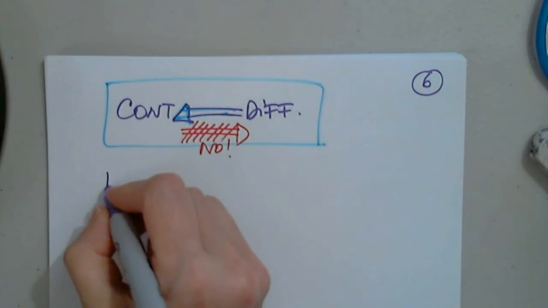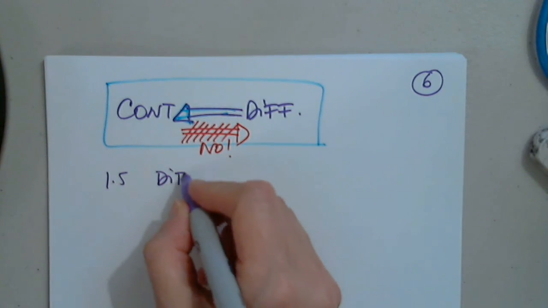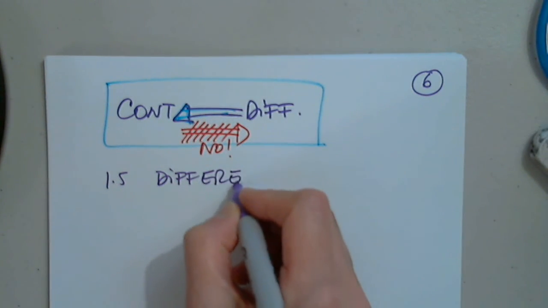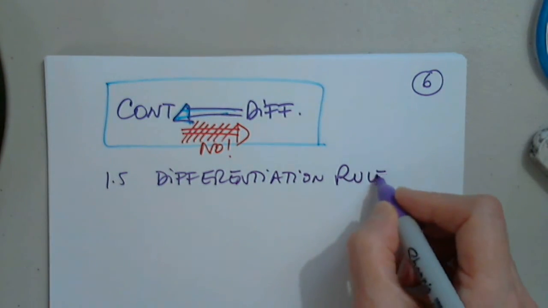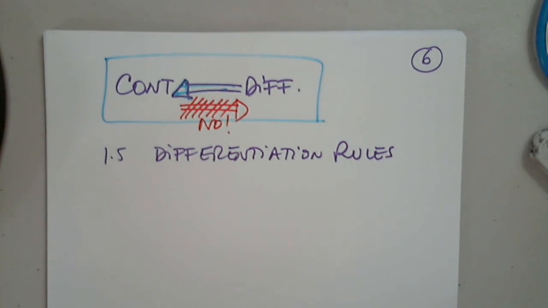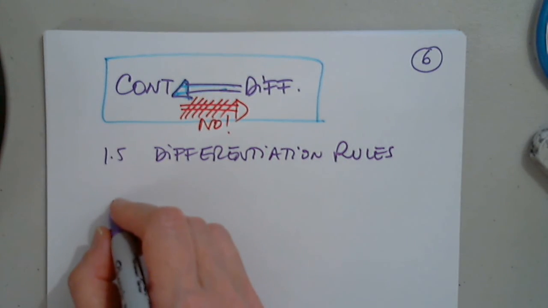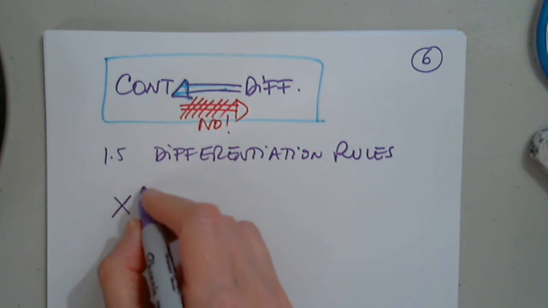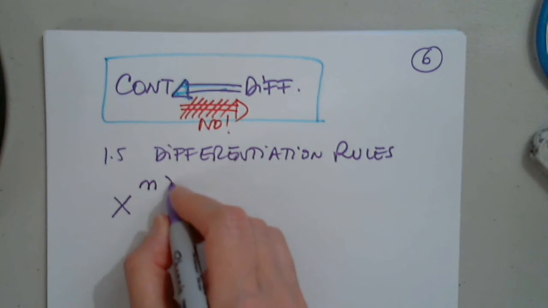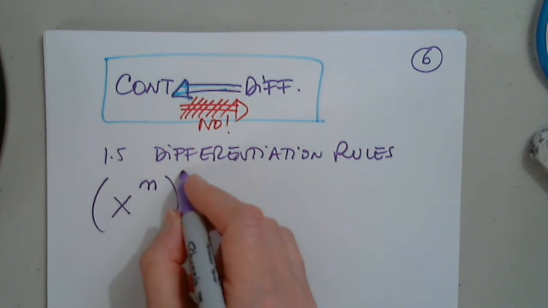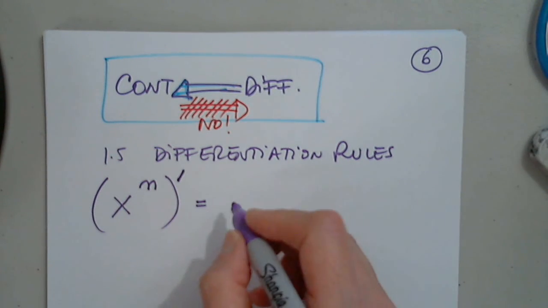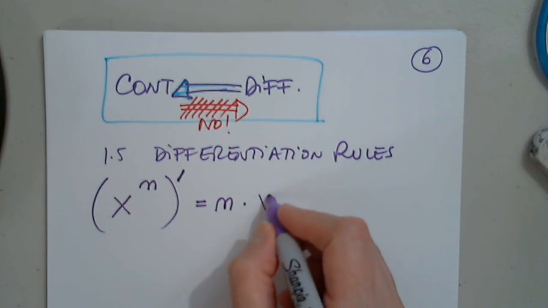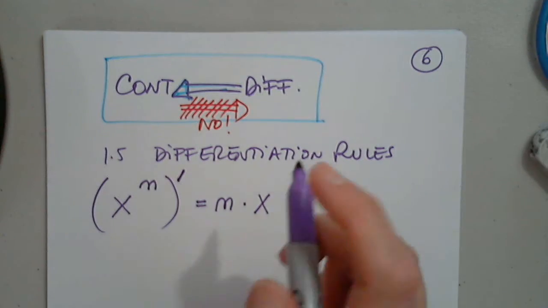So let's continue now with finally differentiation techniques. In other words, 1.5, differentiation rules. One of your colleagues already mentioned, if we have x to any power n, the derivative is n in front times x, subtracting 1 from the power.